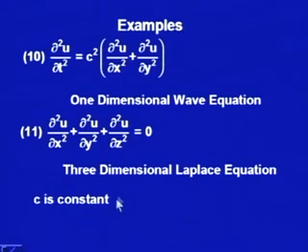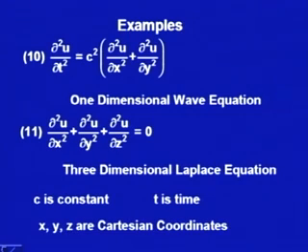In all these equations, wherever we have used c, it was used as a constant, and we used the variables t, and x, y and z. This variable t is referred to as time, and x, y, z are nothing but the Cartesian coordinates.